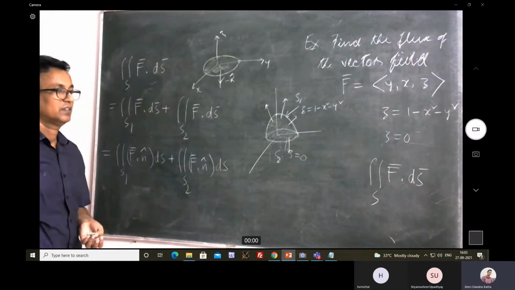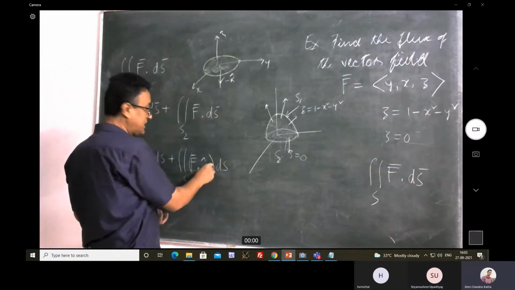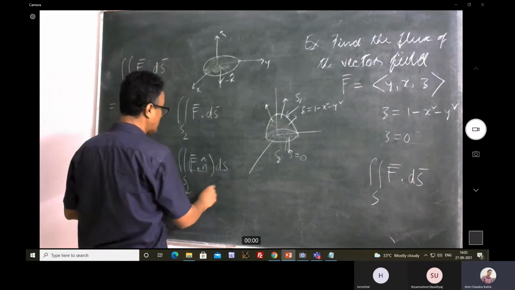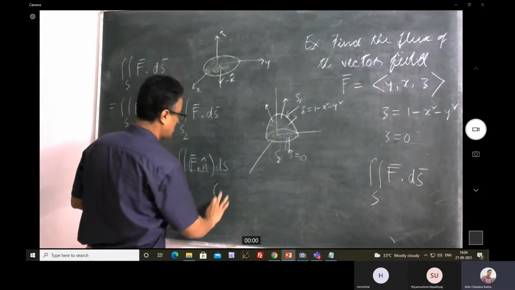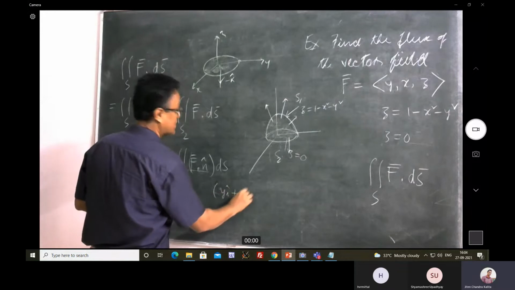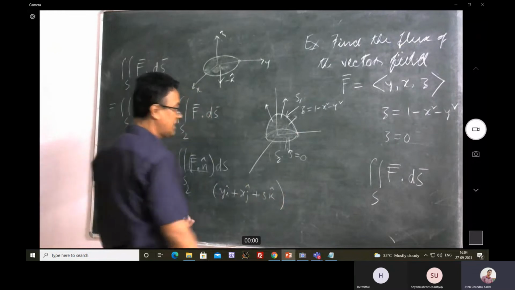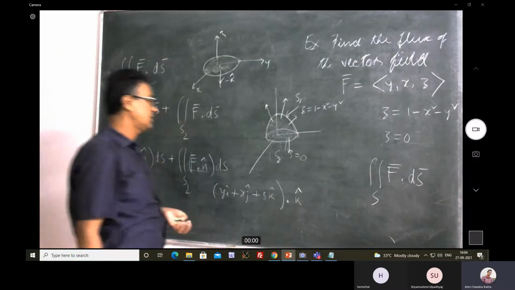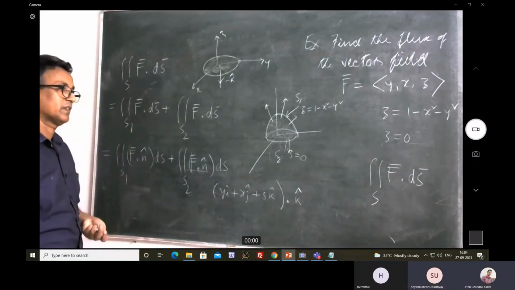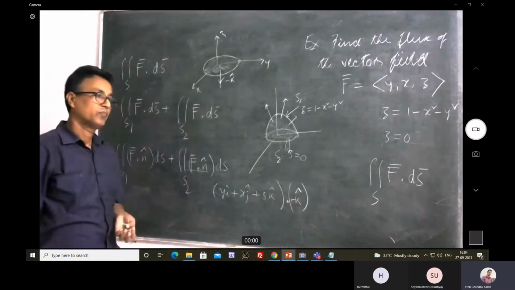Now if I want to find out F dot n cap, I have to find the dot product of yi plus xj plus zk with minus k.